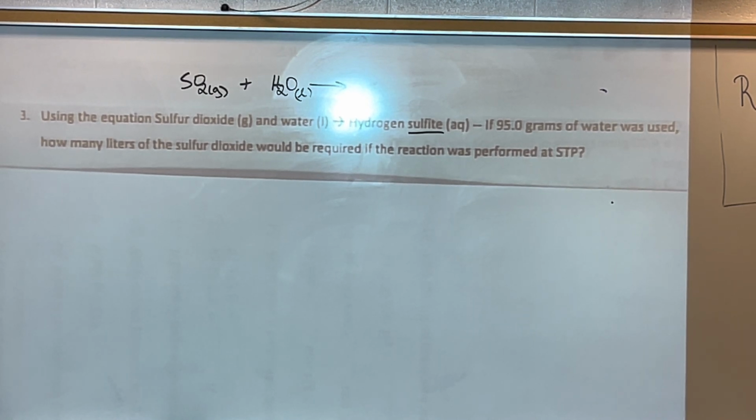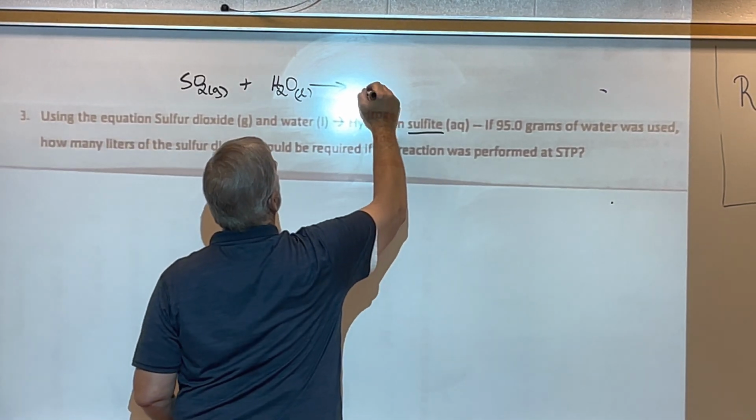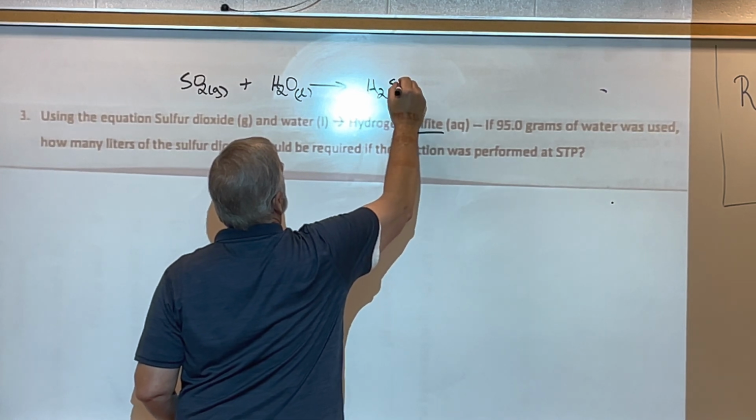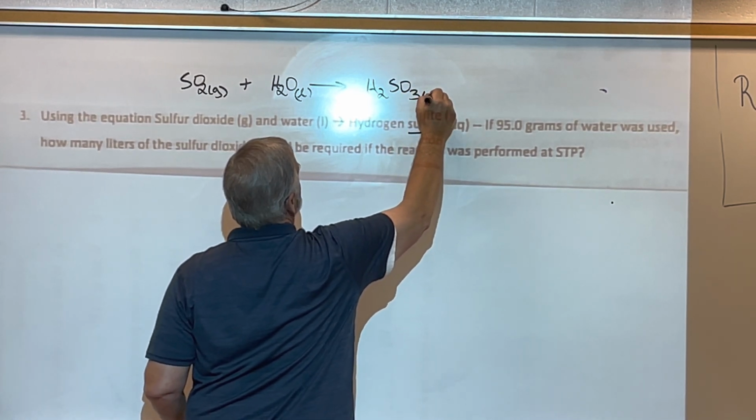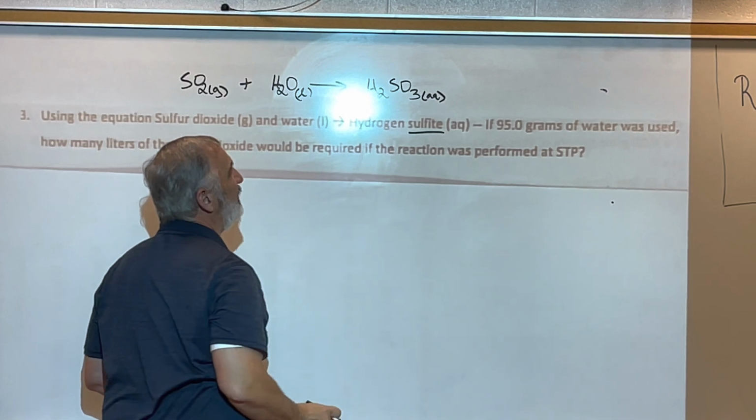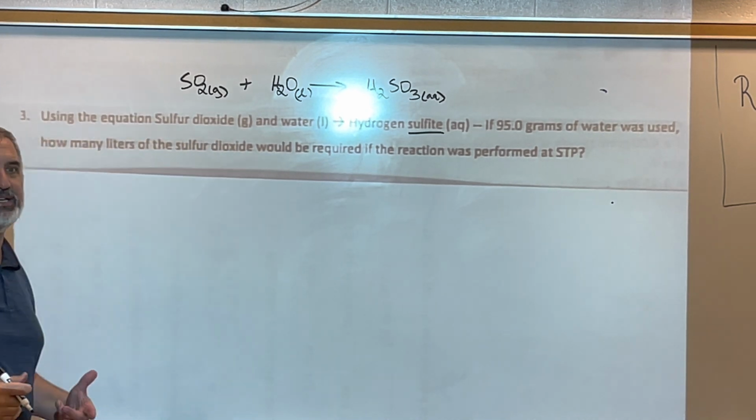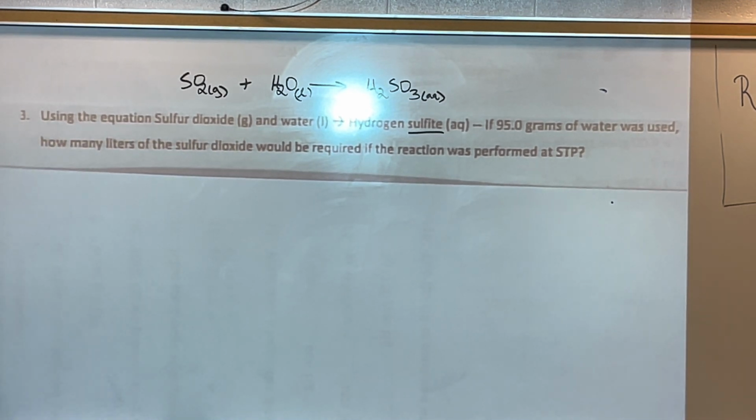Everything's neutral, so how many hydrogens are you going to have to add to it? 2. So the formula is going to be H2SO3. Now, the reality is that we should probably call that sulfurous acid, not hydrogen sulfite. It's really sulfurous acid.